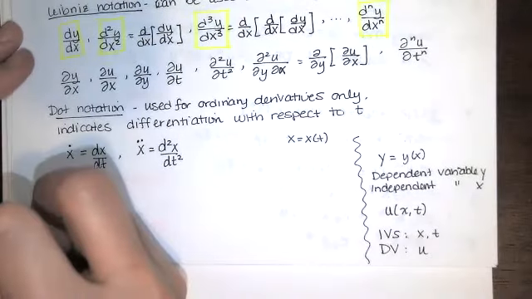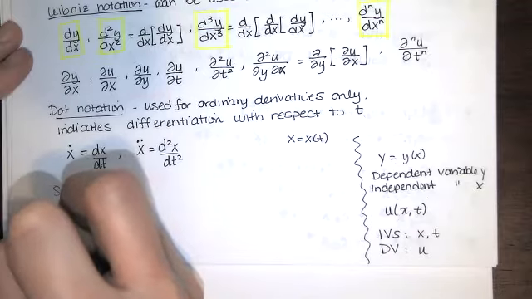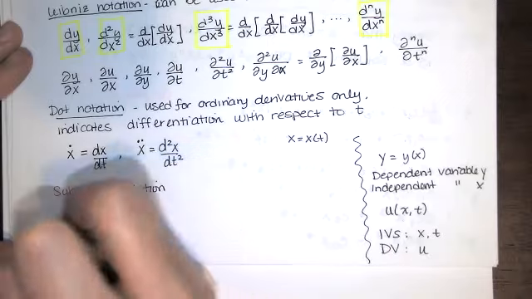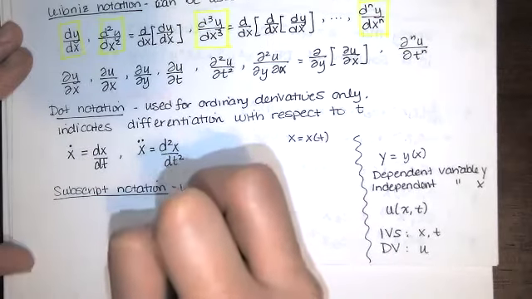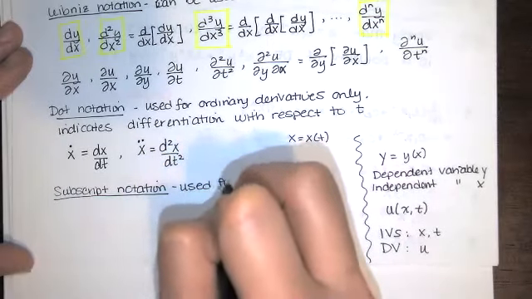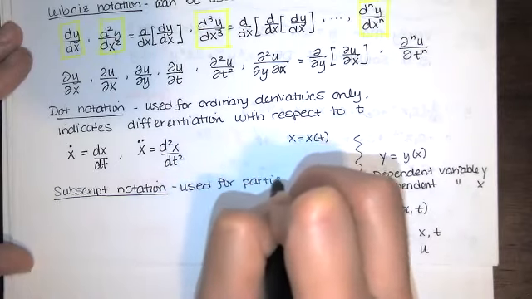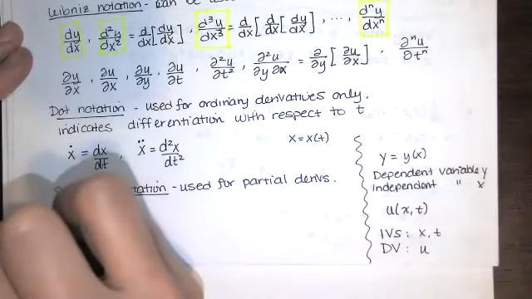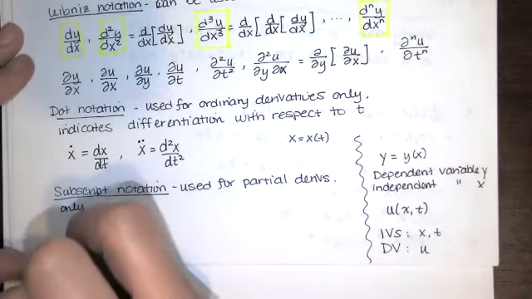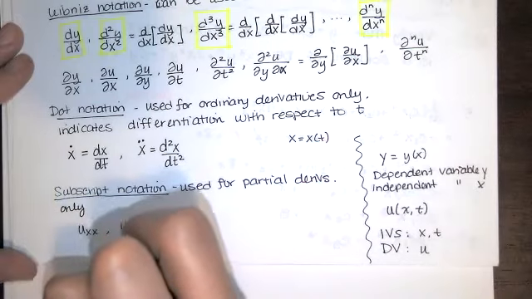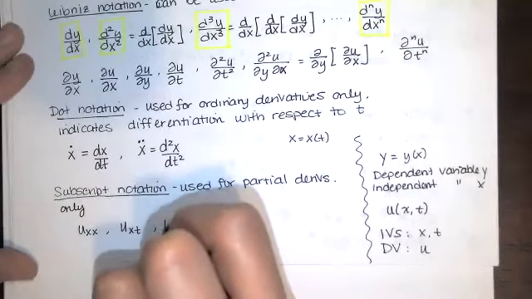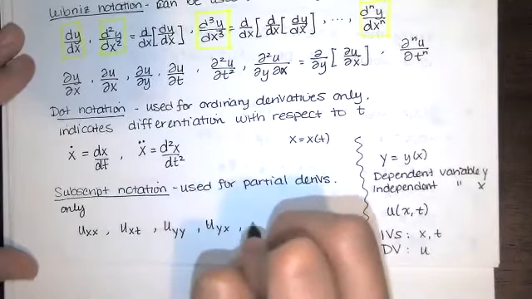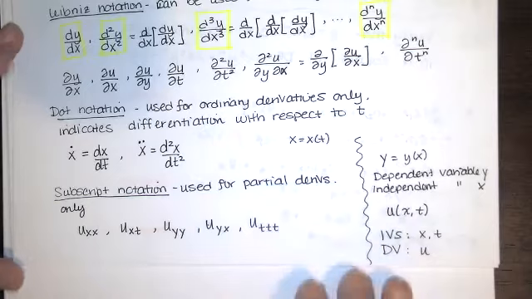The last notation that we need is subscript notation. This is used for partial derivatives only. So u sub xx, u sub xt, u sub yy, u sub yx, u sub t.